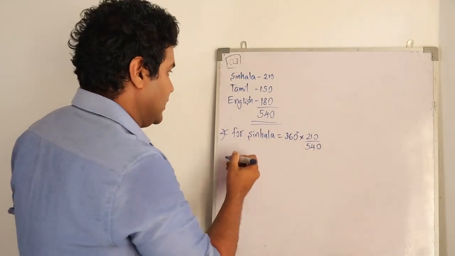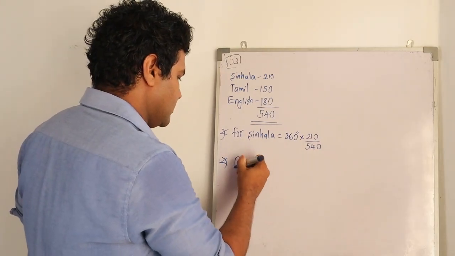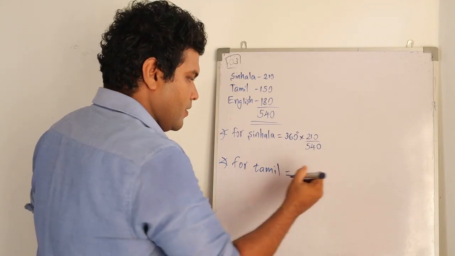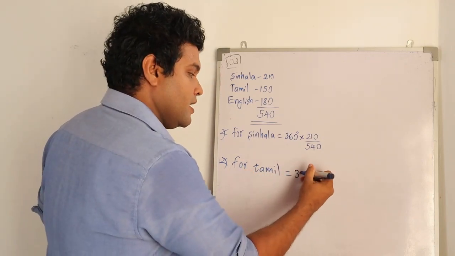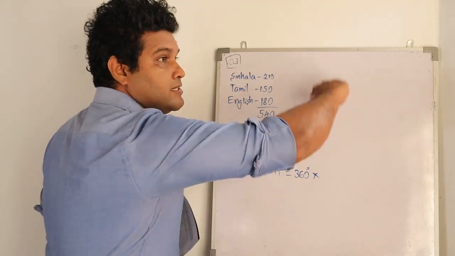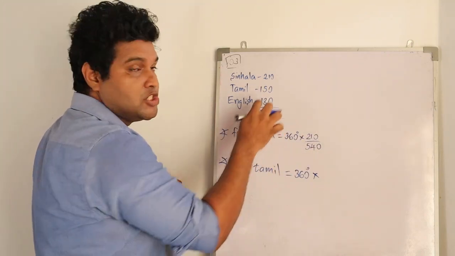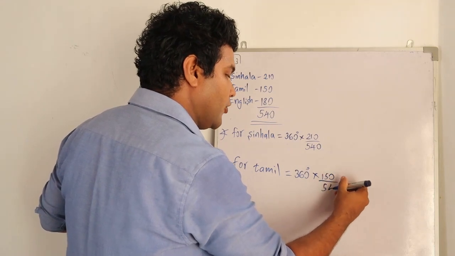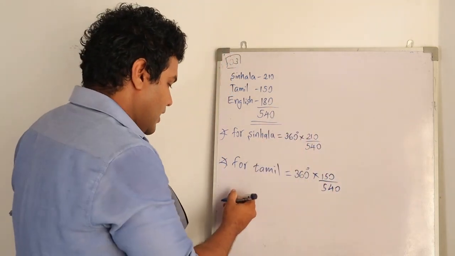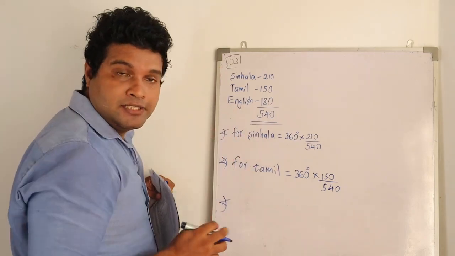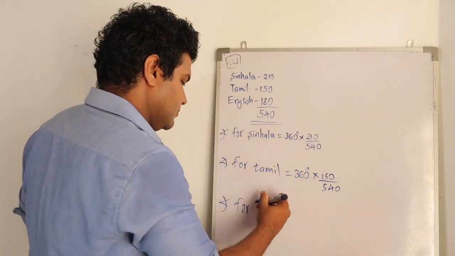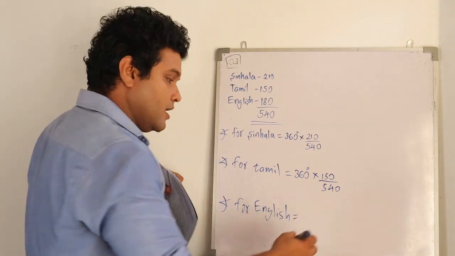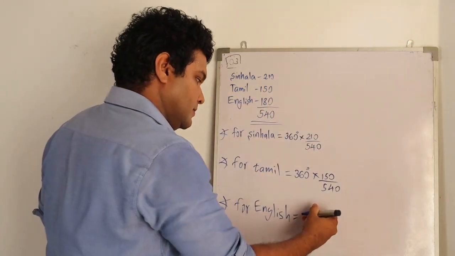The angle denoting Tamil: we can write an expression using the same 360 with the relevant fraction. The fraction is 150 over 540. The angle denoting English: again, we will write a similar expression using the 360 circle.